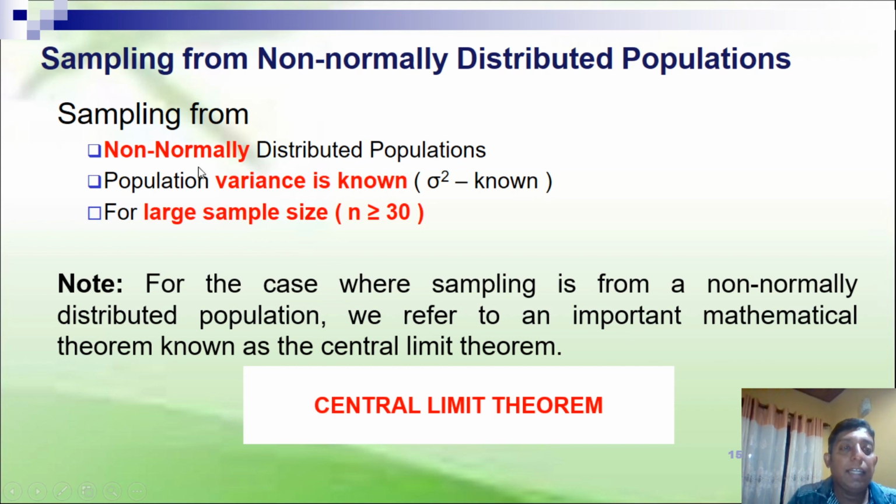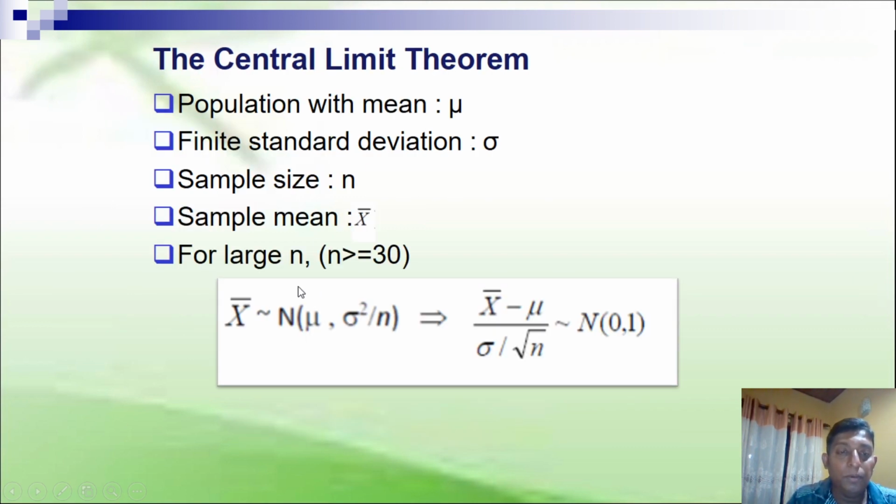Earlier we said that if we take a sample from a normally distributed population and the variance is known, for any sample size, the mean follows this distribution.